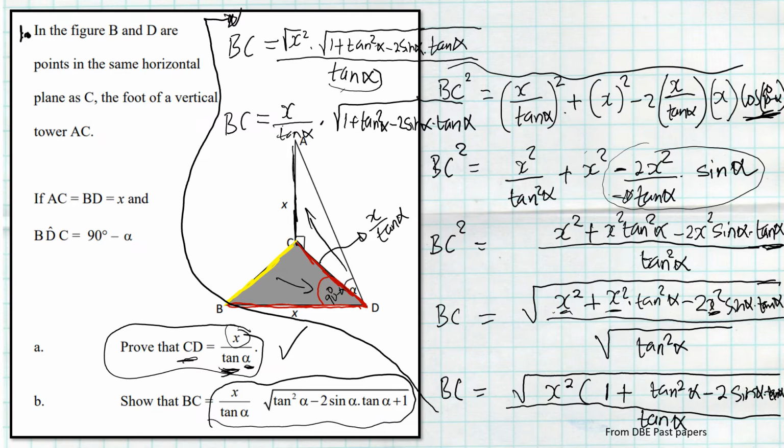Let me highlight this in yellow because it's quite complicated. Can you see that we have now proven that indeed our BC is equal to x over tan alpha multiplied by the root of 1 plus tan squared alpha minus 2 sine alpha times tan alpha.